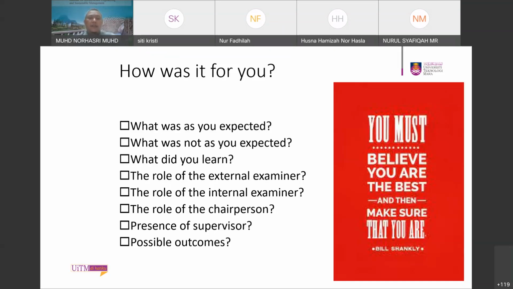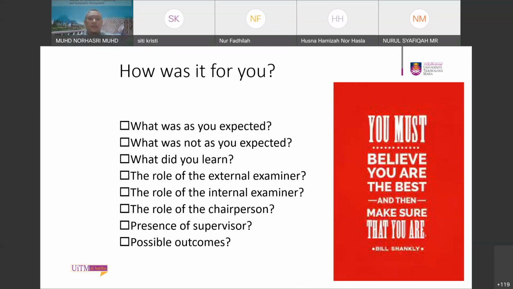Know the external and internal examiners well, because some universities invite an internal examiner during DRP. For UiTM, I think we don't have any internal examiner during DRP, but some universities, especially overseas, have an internal examiner to see if your research finding is good or not.